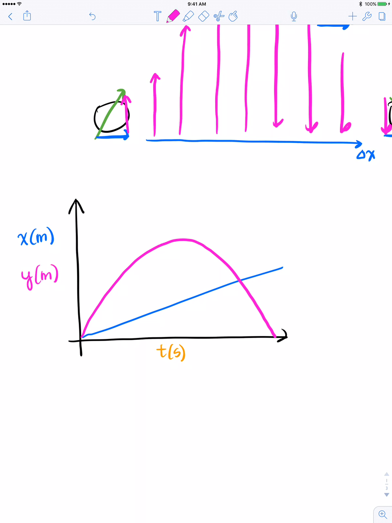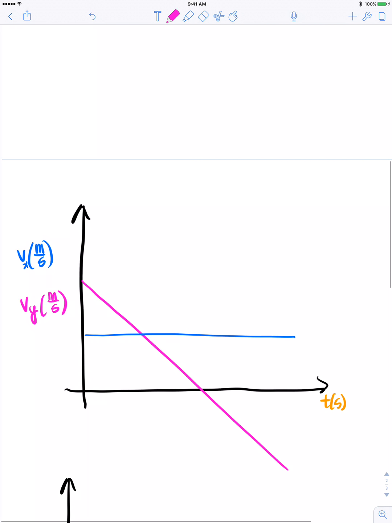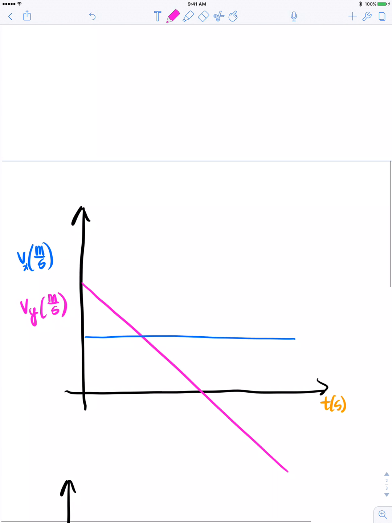So clearly, this graph here starts with a very steep and positive slope, which starts to decrease, approach zero, get slightly steep and negative, and then very steep and negative. So we would expect that the velocity graph for our y direction would start very positive, pass through zero, and end up very negative, which indeed it does. Okay, so here we're looking at the pink line, which is a resemblance of the velocity in the y direction.